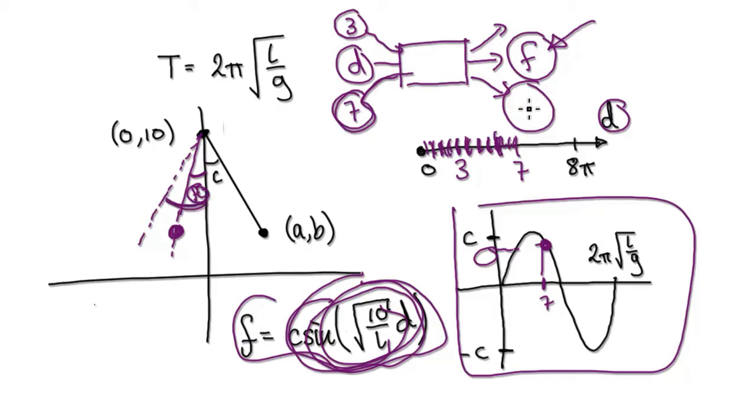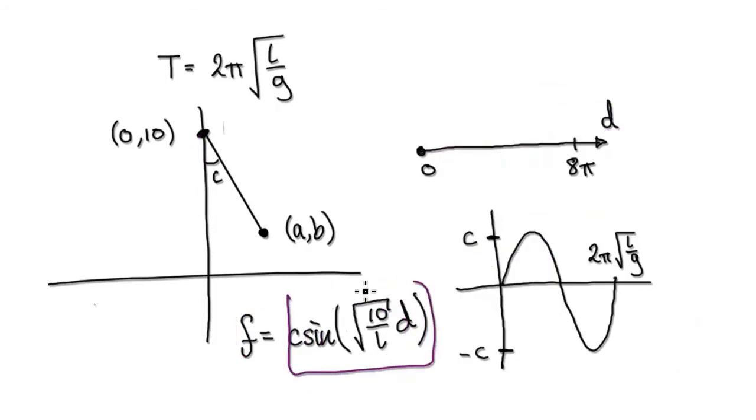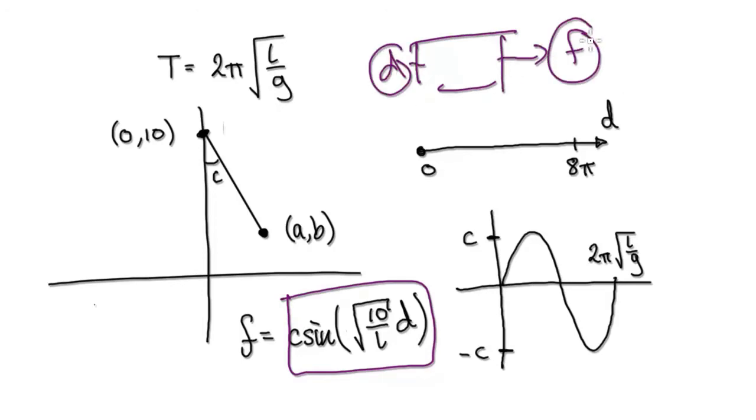That means the particle must be right here, and so on. So F tells you the angle at which the particle should be. You input a D, it will do whatever it has to do, and spit out an F. This F represents the angle where the particle should be.